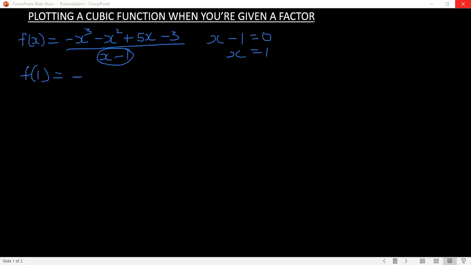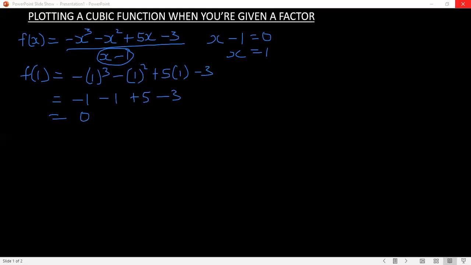Where there is x, we substitute 1. So it's going to be negative 1 cubed minus 1 squared plus 5 times 1 minus 3. Here it's going to be minus 1, even here it's minus 1, plus 5 minus 3. So this is equivalent to 0. The answer that we are getting here is 0.